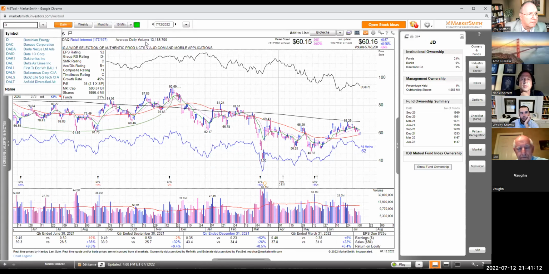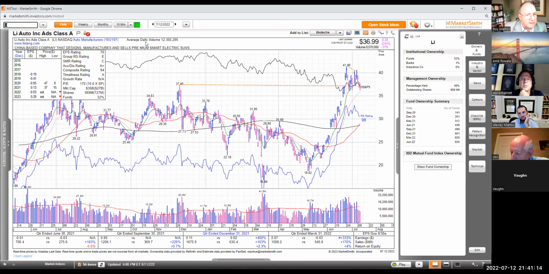And you had a couple of, I guess this is really the number one growth stock outside of LNTH out there, where this stock is powered up. So it's Li Auto, a Chinese EV company. And again, this action is quite tepid here at the top, where it broke this 37.